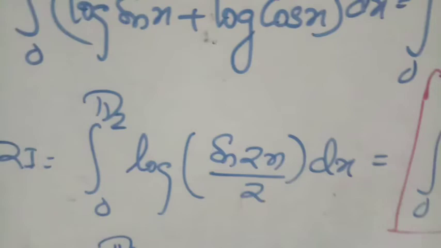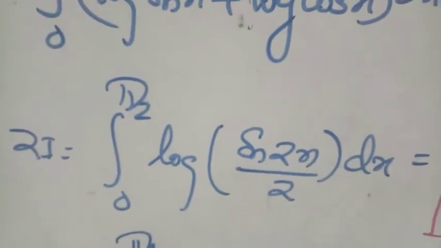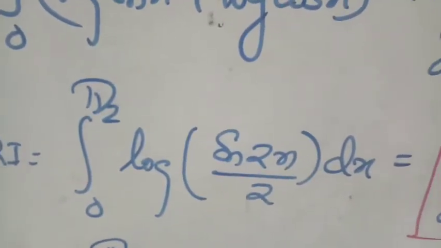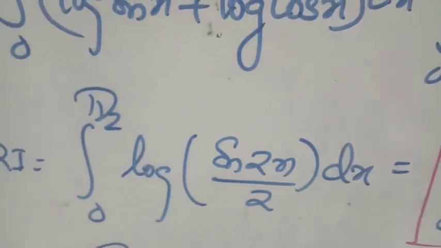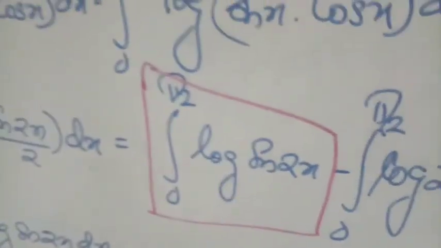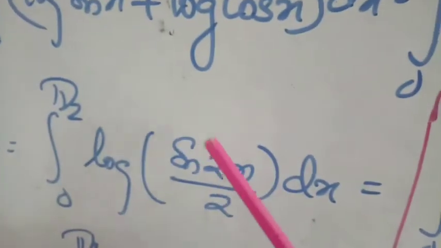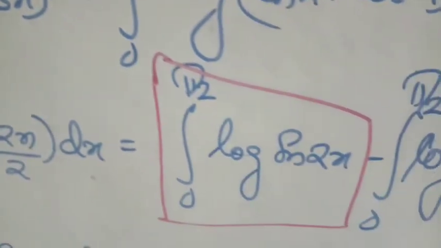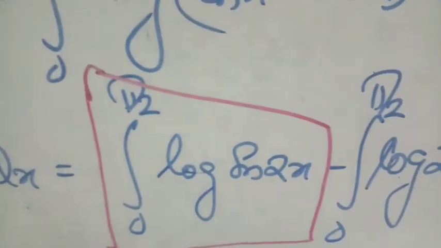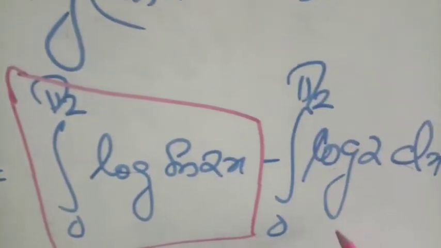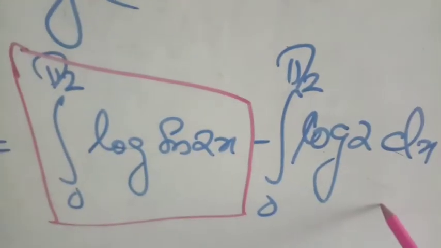Now that can be transformed as 2I is equal to integral 0 to pi by 2 log of sin 2x divided by 2. What is that? It is the log a by b form, log of a by b. Now this is integral 0 to pi by 2 log of sin 2x minus integral 0 to pi by 2 log 2 dx.